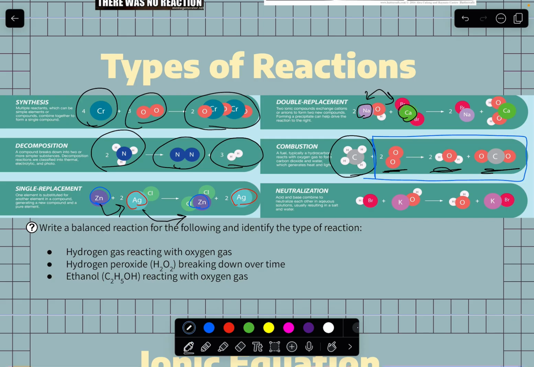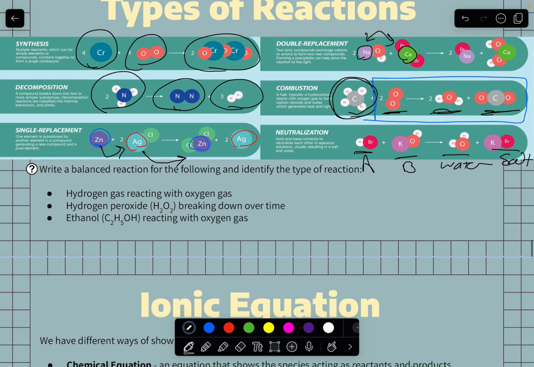The only thing that will change is the hydrocarbon. And then the neutralization reaction is when you have an acid plus a base react to make water and a salt. So an acid-base reaction. Those are the 6 types of reactions.